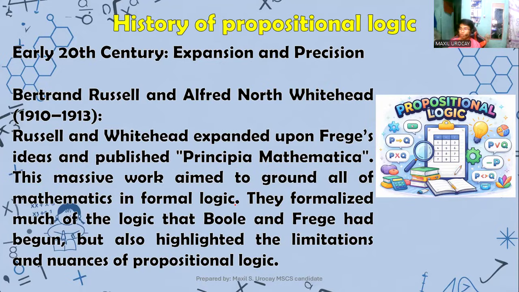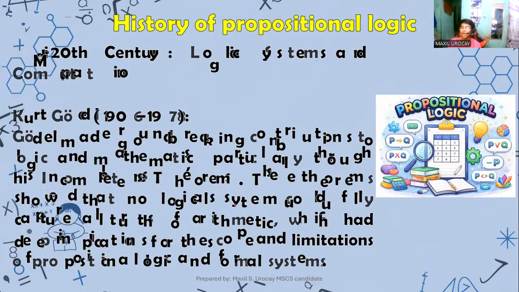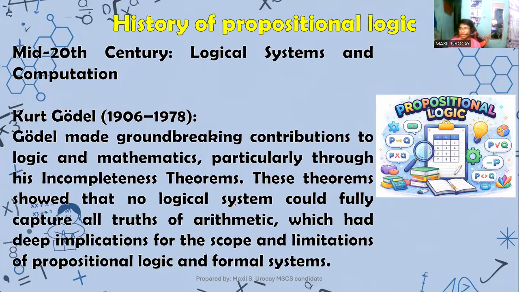So they were able to improve formal logic in this time. And for the mid-20th century, Kurt Gödel, 1906 up until 1978, made groundbreaking contributions to logic and mathematics, particularly through his incompleteness theorems.